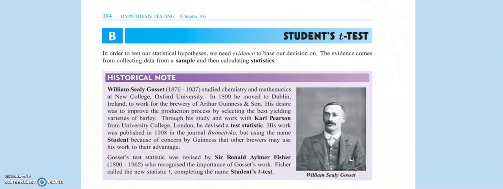And so today we're going to take a look at the mathematics behind how we can mathematically show whether that population mean is accurate or if we need to adjust it. Okay? And we do that using the student t-test.